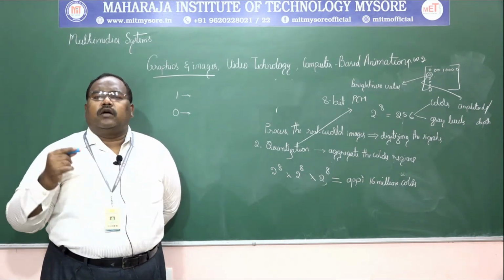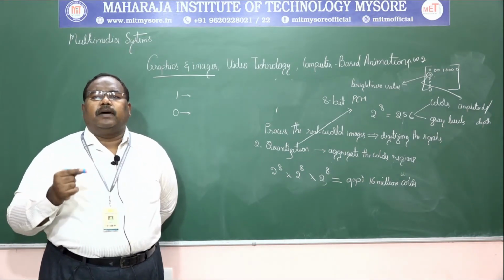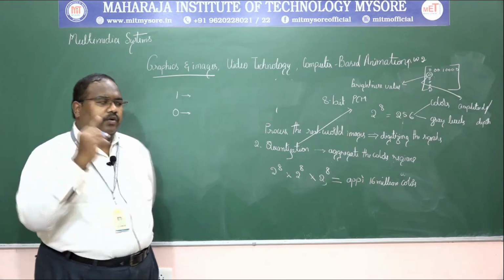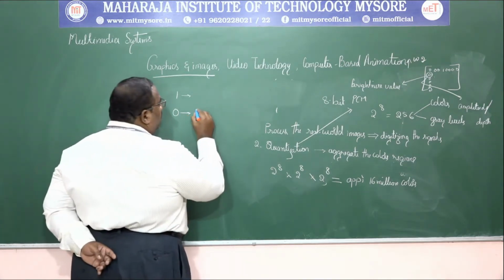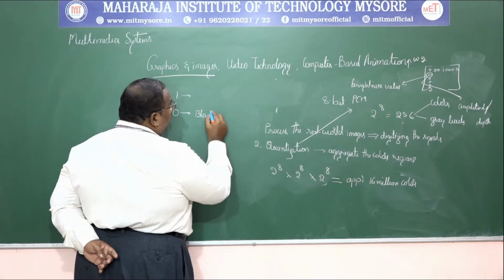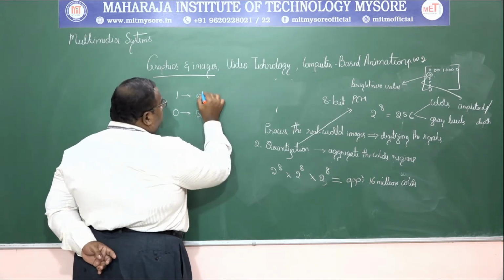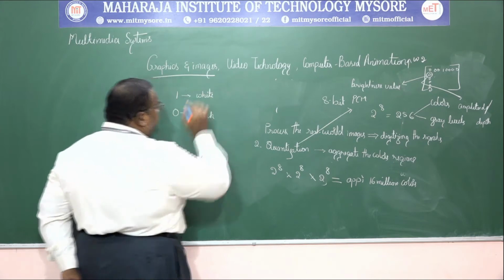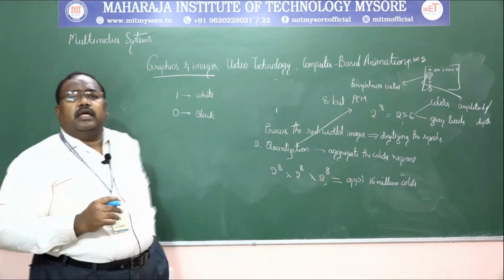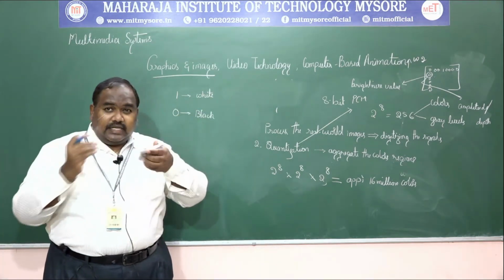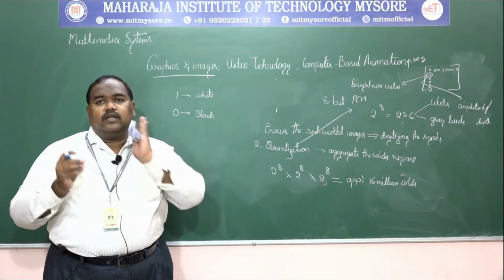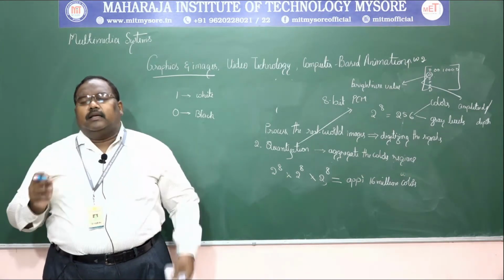Black is always represented by the value 0, and 1 is represented by white. So this is how the amplitude, intensity or brightness value is represented in the matrix.